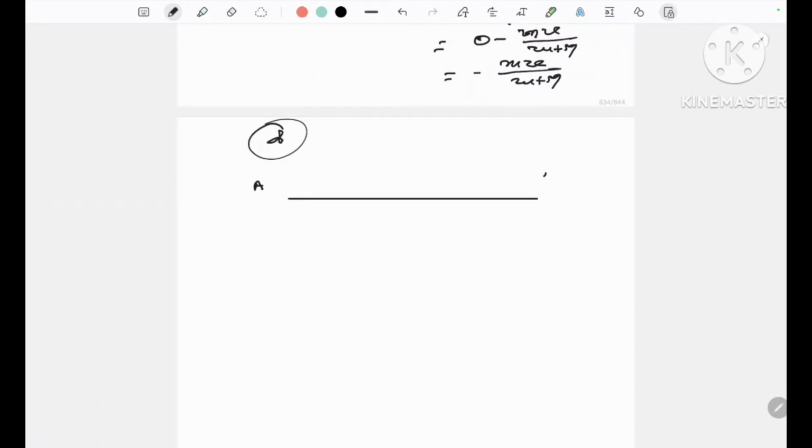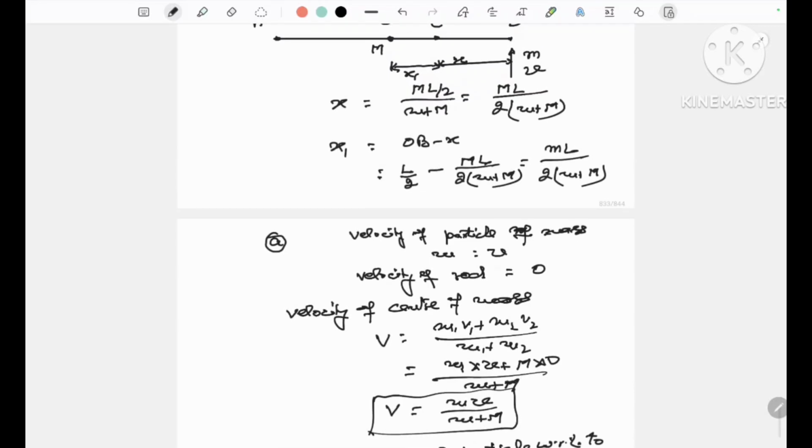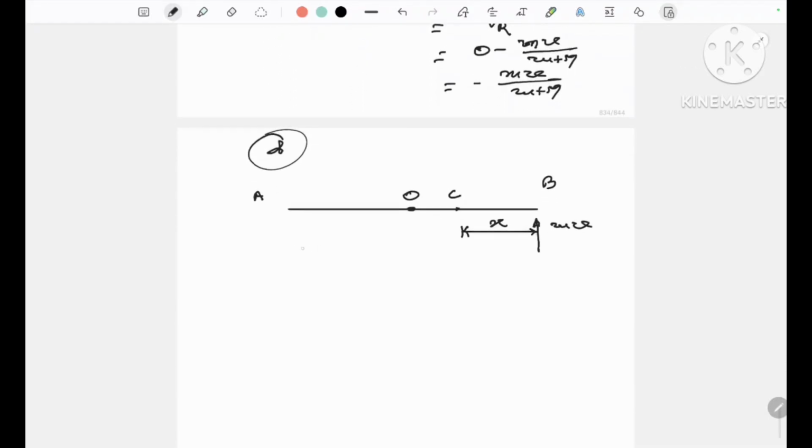AB rod, particle mv, O, this is C, x, where x is equal to ml by 2(m plus m).